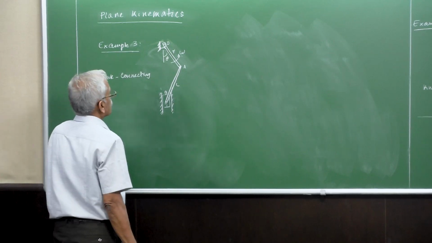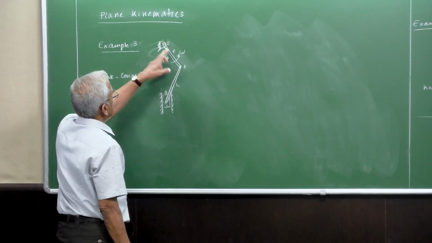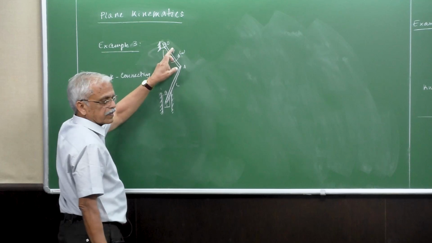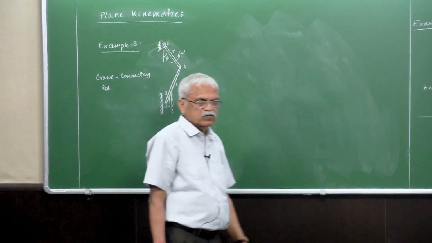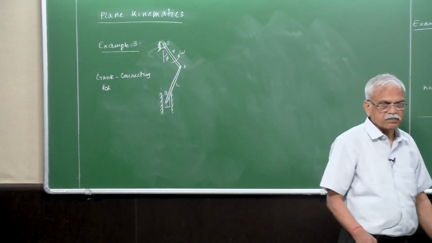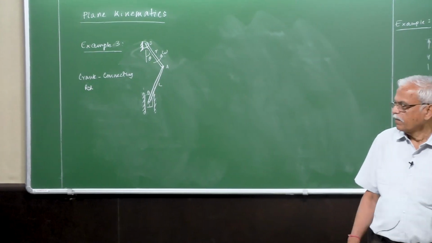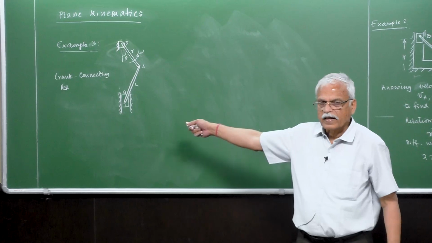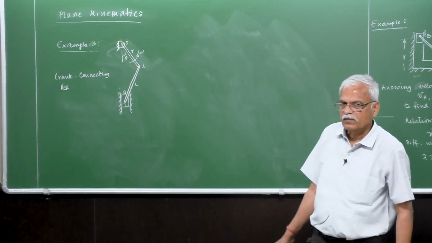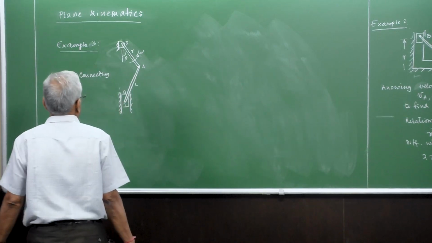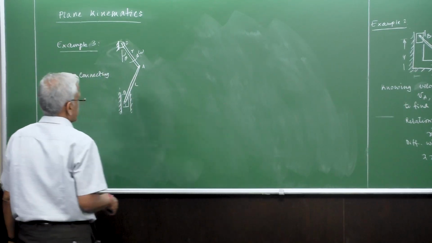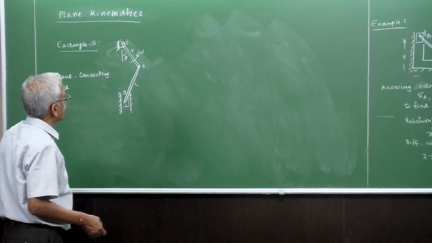Okay, so if you are given the angular velocity of this crank, is it possible to find out the velocity of B? This particular problem we will take up again and again in many situations. Right now I'm going to do it through the analytical way, by direct application of these relationships, including trigonometry.